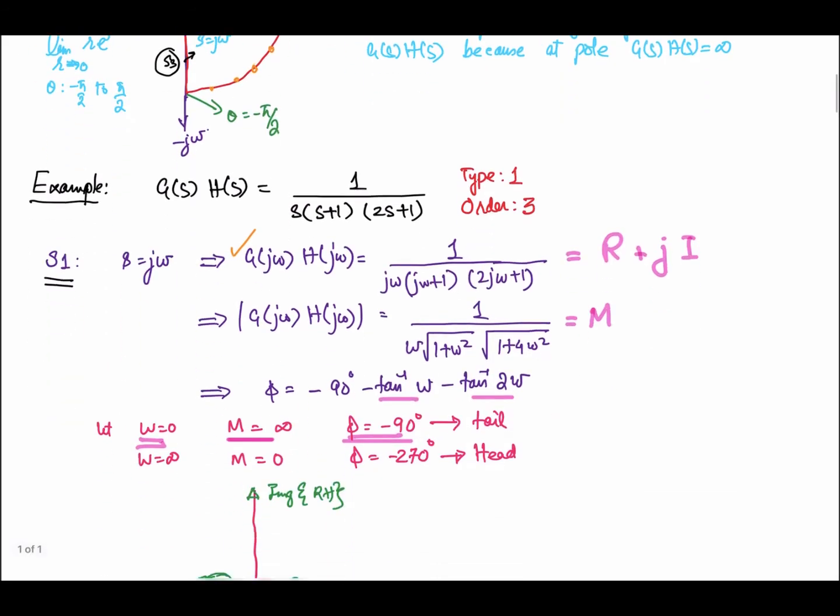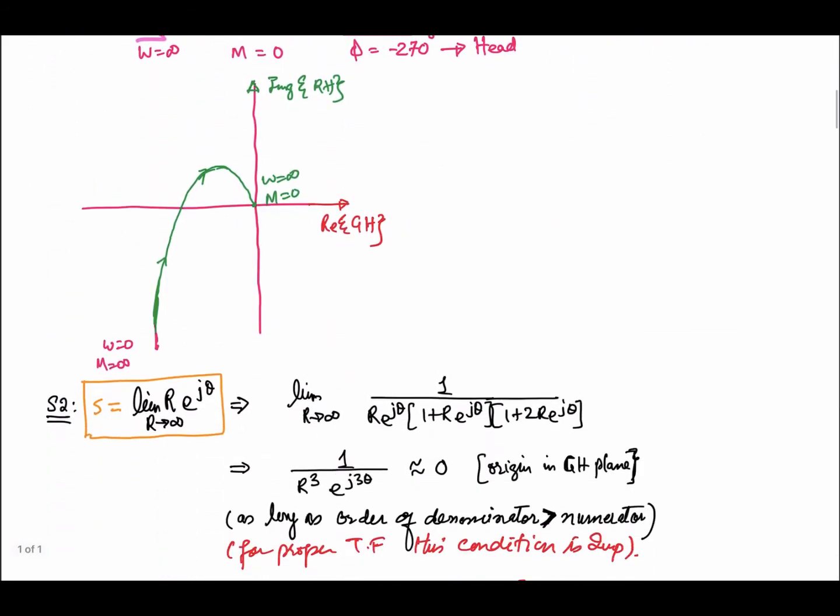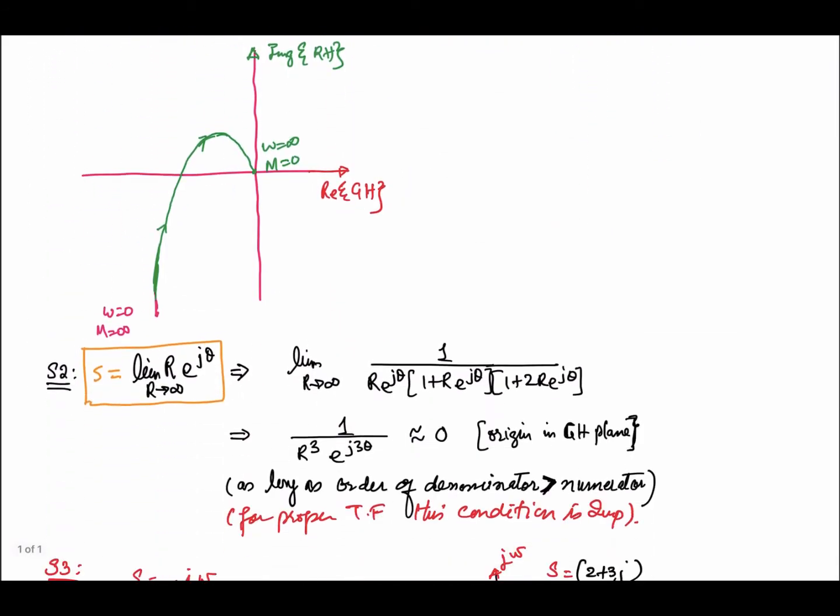Okay, so now we have substituted the value of S in the given open loop transfer function. So the open loop transfer function is 1 over S into 1 plus S into 1 plus 2S. So in this transfer function we are going to replace S with R e raised to the power j theta, right, and then we are going to simplify this one.